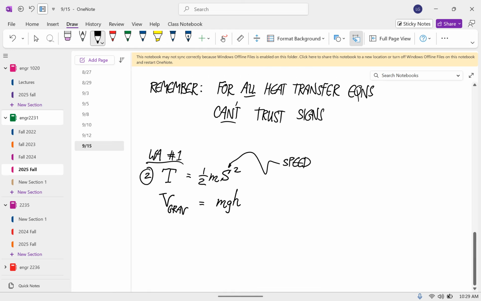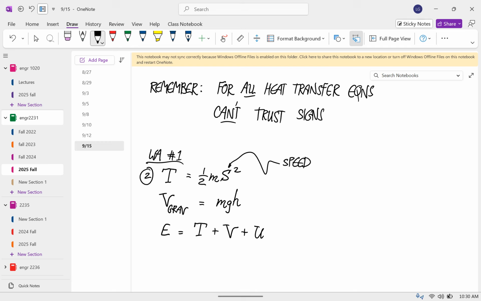And then remember that the energy of the object, capital E, is equal to the kinetic plus the potential plus the internal energy. Okay, so you can see how with this formula for gravitational potential energy, the height of the object is going to come in as h. Okay, the speed is going to come in as that capital S there. And then you can use that to calculate stuff about the internal energy.